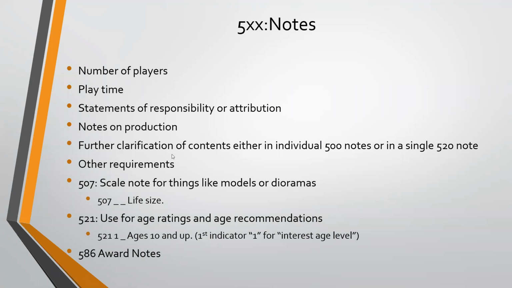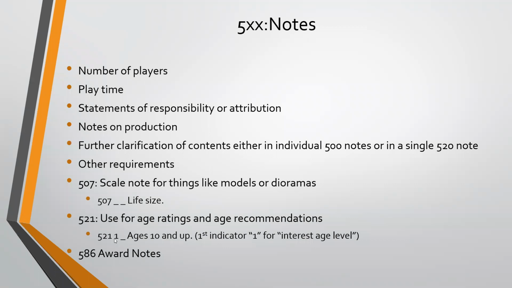So if we went back to the example about the 3D printer, there were 500 notes about what kind of filaments the 3D printer would accept. A 507 scale note for things like models and dioramas. Your 521, just like you would use a 521 for ratings for movies, you can have this for, say, board games.